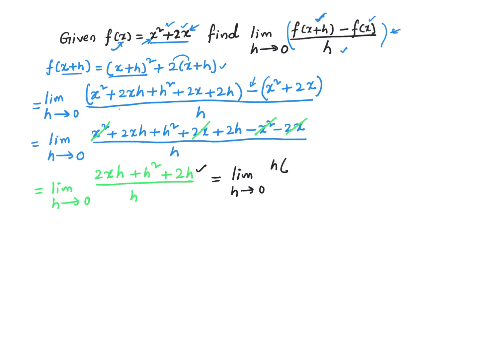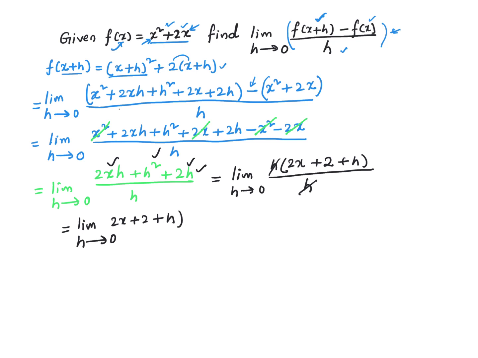From 2xh, I get 2x; from 2h, I get 2; from h squared, I'm left with h. Then all of it is divided by h. Note that this h and this h cancel each other out. That leaves you with the limit as h approaches 0 of 2x plus 2 plus h.